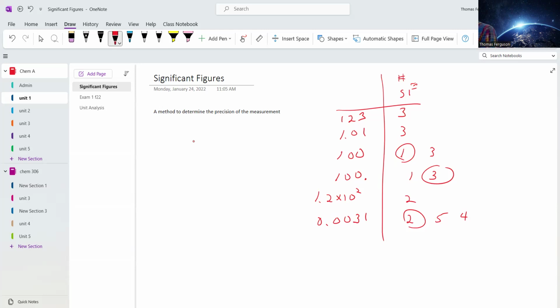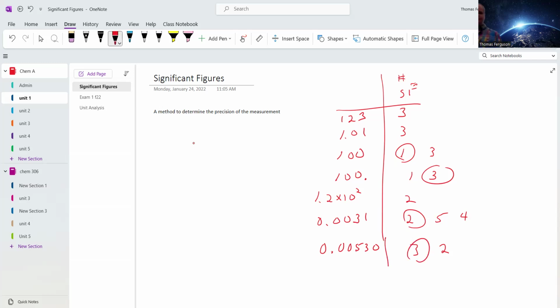Let's see if I covered all the examples. What about that one? Any other? Okay. 3 is correct.